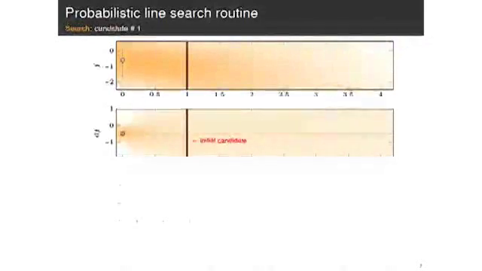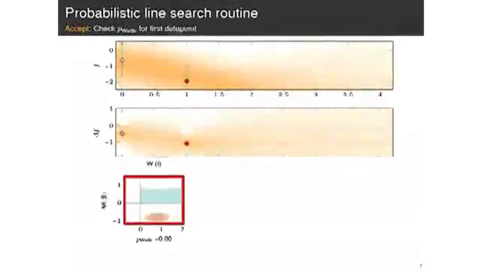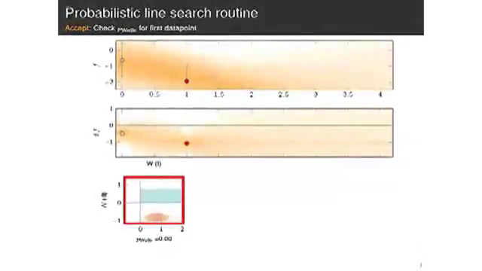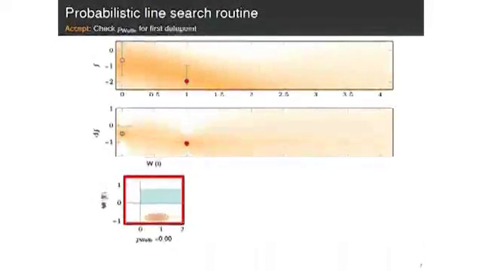Now, the line search proposes an initial candidate. It evaluates the function there, then it updates the Gaussian process. And now at the bottom, you can see an orange Gauss blob in this red box. And this Gauss blob is the probability density for the Wolfe conditions. So we will accept the point if at least 30% of this probability mass lies inside of the green shaded area.